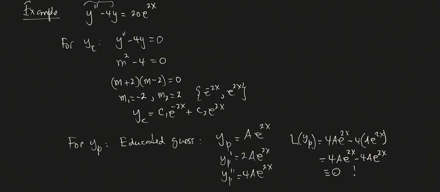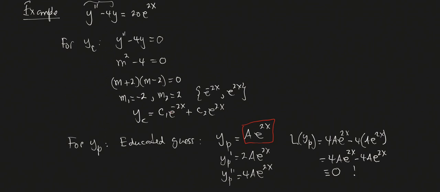Well, what exactly caused this problem? Here is the root of it. We're following our procedure, and based on our f of x on this side of the differential equation, based on the output that we want from this operator, we made the standard guess. The problem is, look at the general solution of the homogeneous equation.